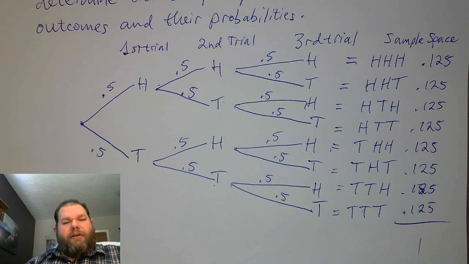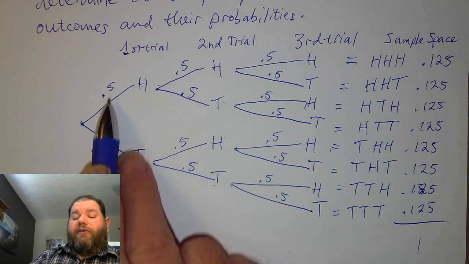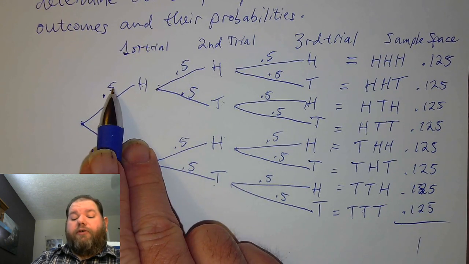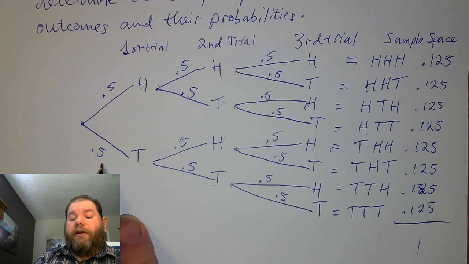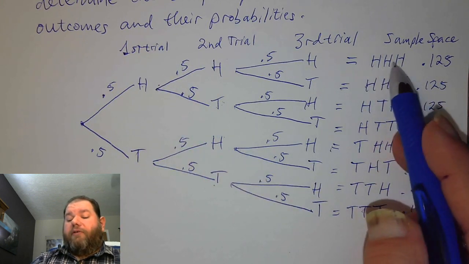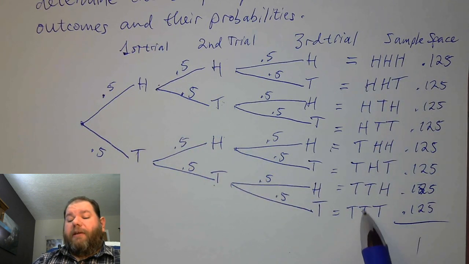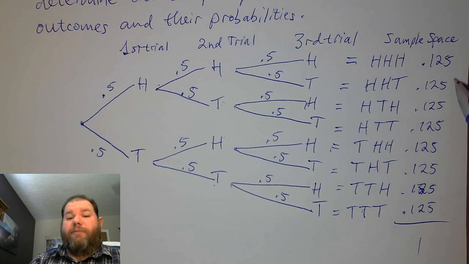I know it's possible with dice, but not necessarily with coins. But let's pretend at least. So there's a 25% chance it lands on heads and a 75% chance it lands on tails. We can go through and change these numbers, 0.25 for heads and 0.75 for tails, and we would still have the same outcomes in the sample space, but their probabilities would be entirely different.